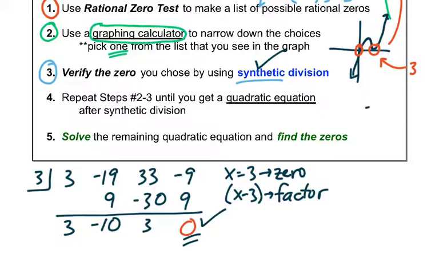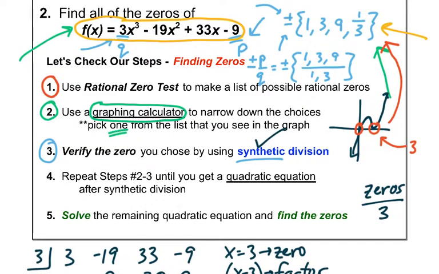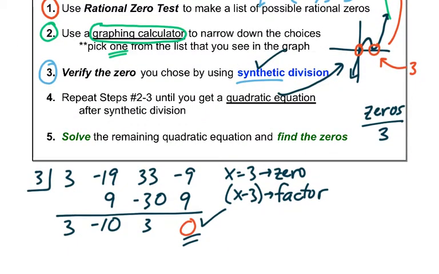So in our list of zeros over here, I know that x equals 3 is definitely one of them. Now, if by chance this was a higher power, like x to the 4th or x to the 5th, we might need to go back to the graph and pick out a couple more. But because this is x cubed, our goal is to bring it down to an x squared polynomial.